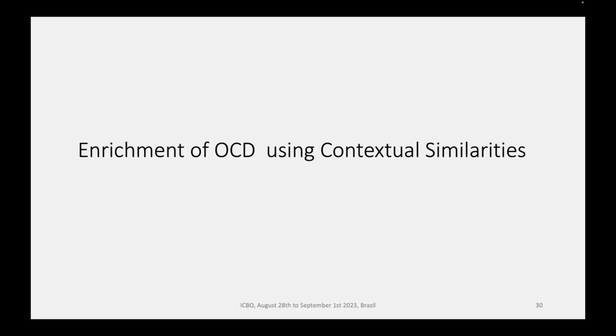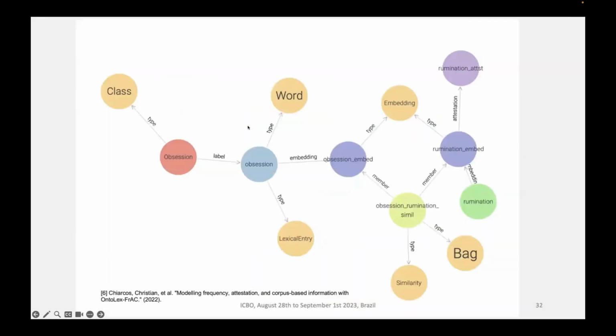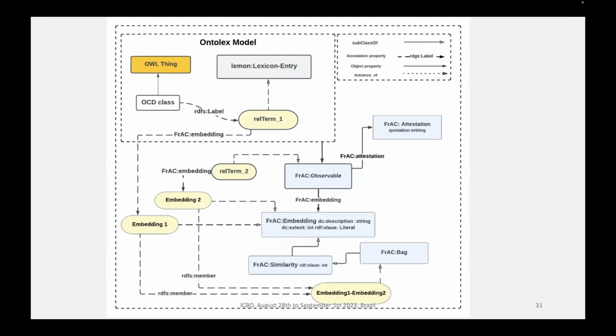Okay, so I'm going to go very fast. Here we derived similarity using cosine similarity, and then we go to incorporate the information derived from the embedding. So we are using the design pattern FrAG ontology, which is an extension of the ontolex.